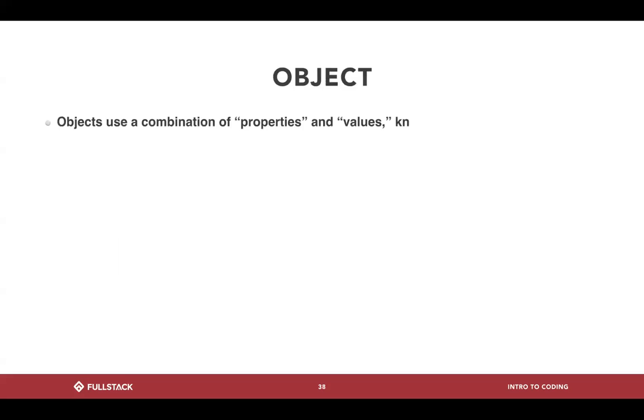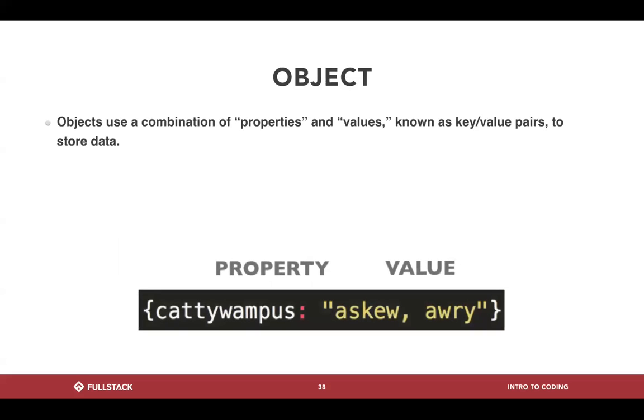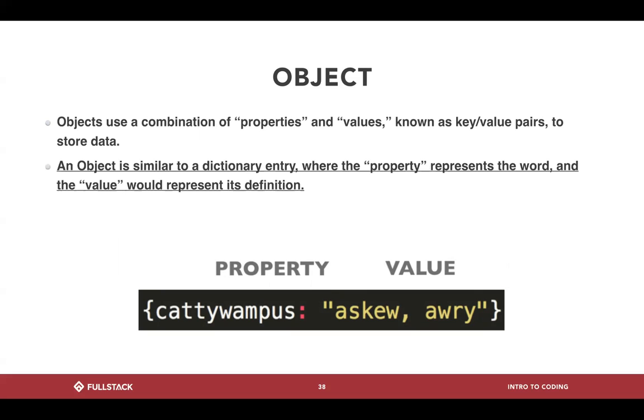Then we have objects. Objects use a combination of properties and values known as key value pairs to store data. An object is similar to a dictionary entry where the property represents the word and the value represents its definition. So it's much like opening up a dictionary and you're like, okay, I want the value, which is the definition, for aardvark. And I know that there's going to be only one entry for aardvark.